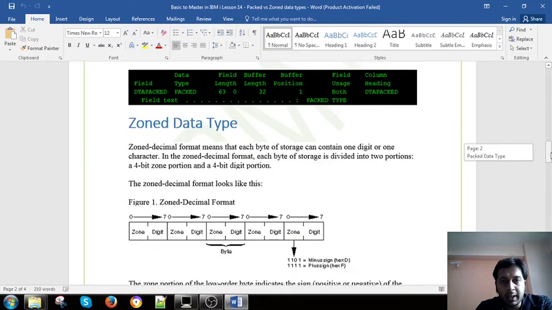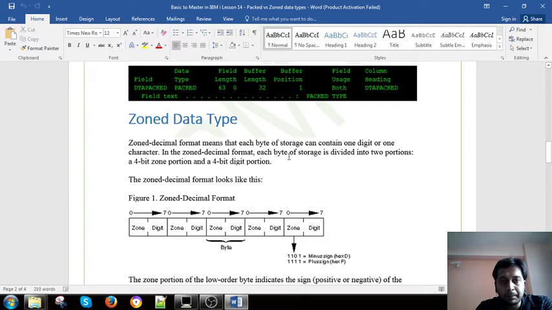For zone data types, this is again very important. In zone, if you declare 3 digits, then 3 bytes will be stored, and each byte holds the zone and the digit.